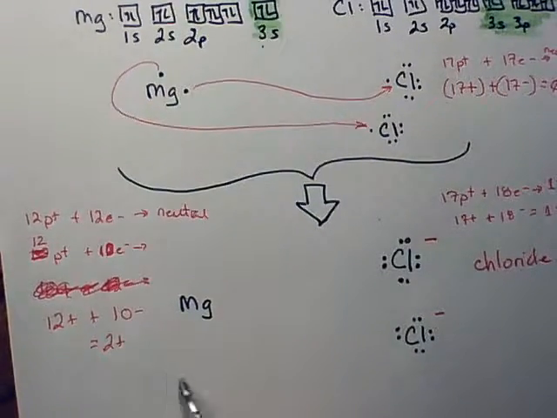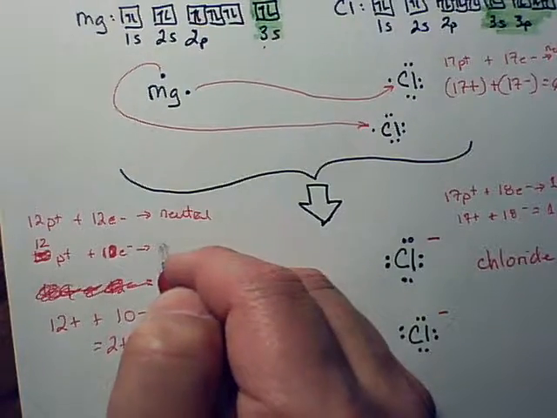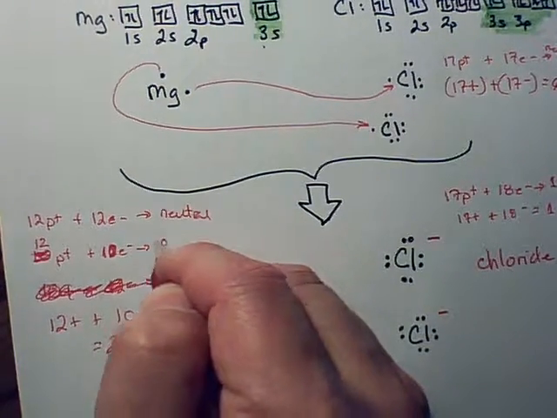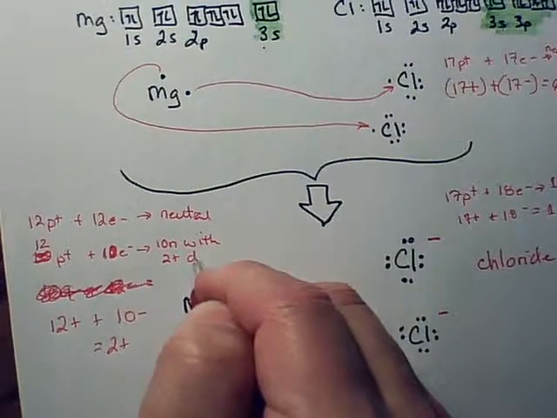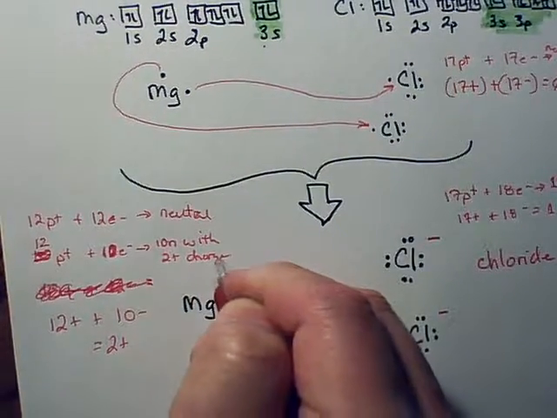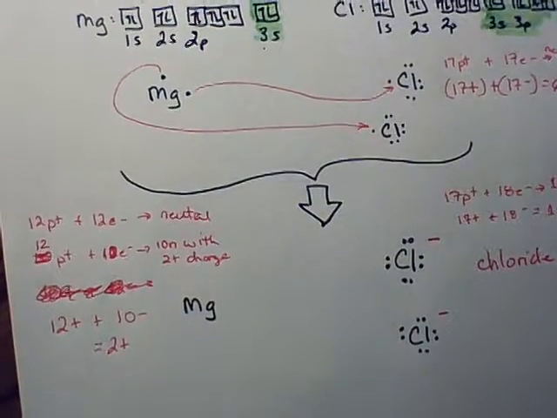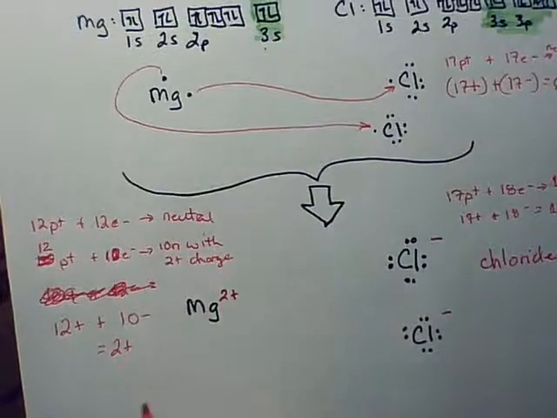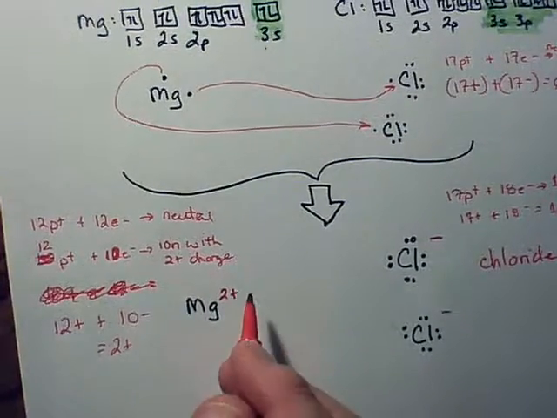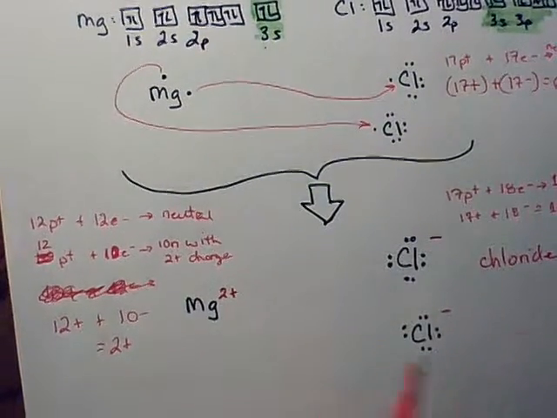Okay. All right. So now we don't have a neutral compound anymore. We now have an ion with a 2+ charge. An ion with a 2+ charge. So this magnesium now has 2+. Not just plus. You have to tell me how much plus. How much negative. A single negative is 1 negative.